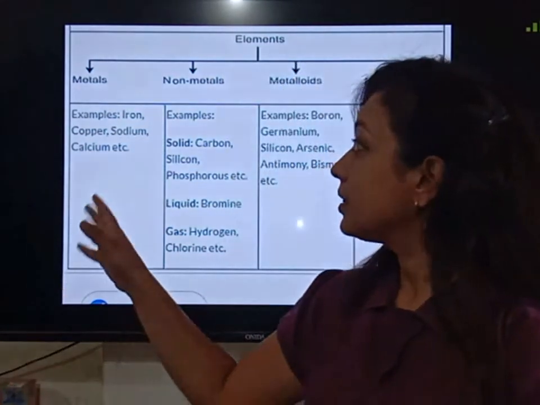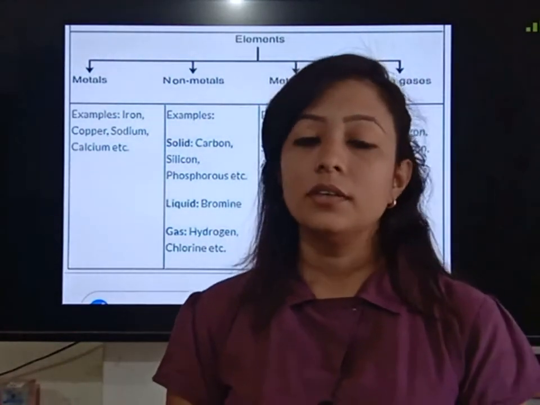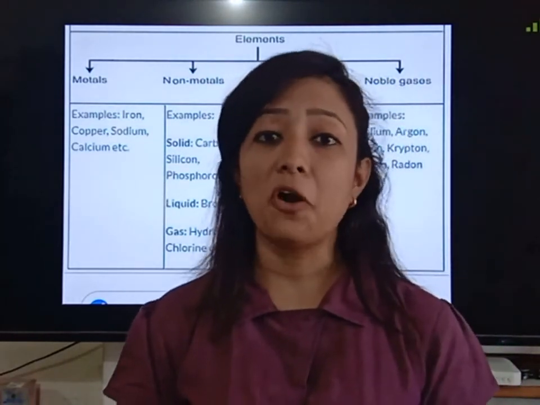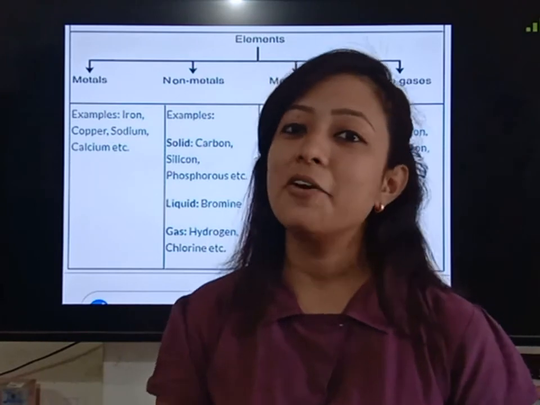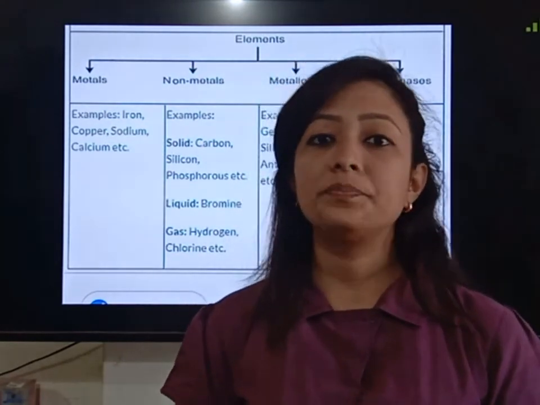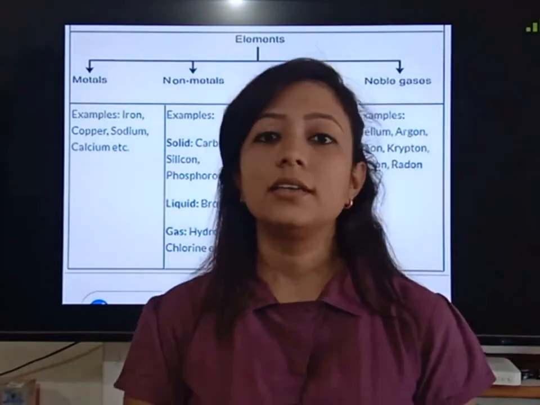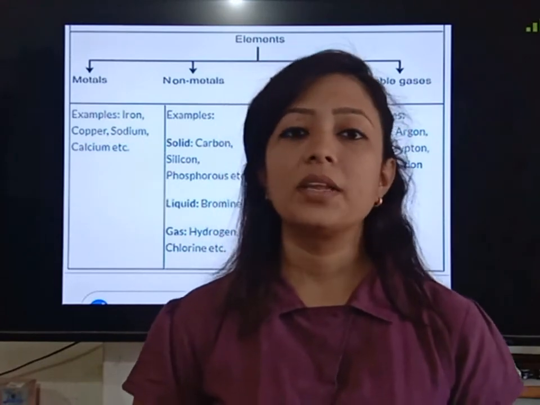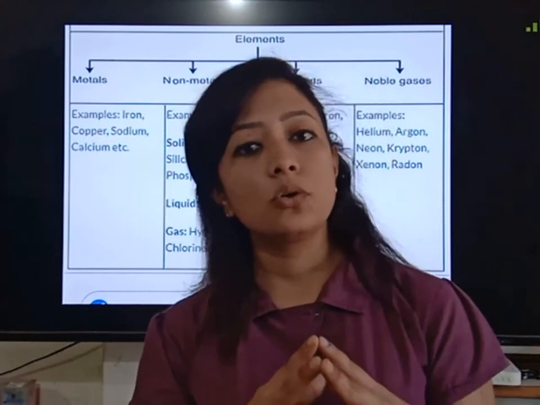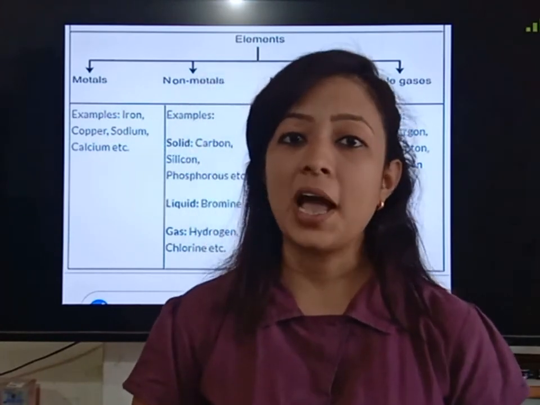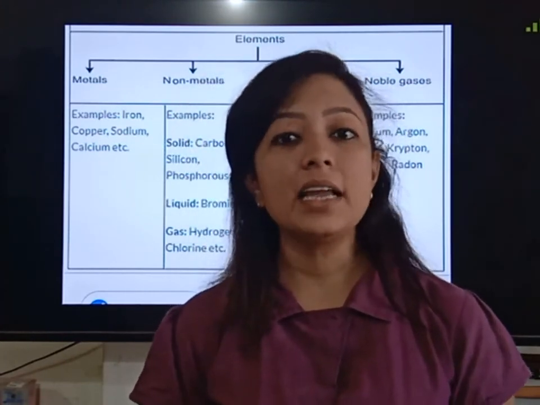Next property, that is ductility. Ductility is the property of metals in which metals can be drawn into thin wires. For example, in electrical wires, copper metal is used, or silver can be drawn into a thin wire. So gold is again the metal which has the high ductility property.